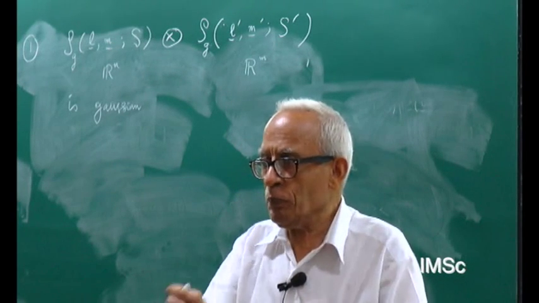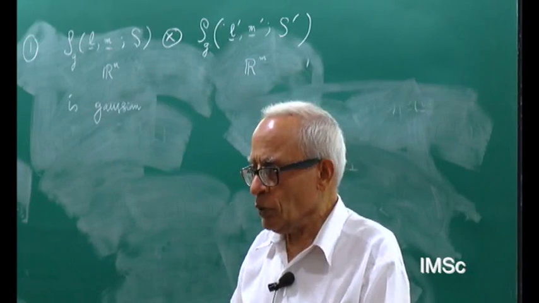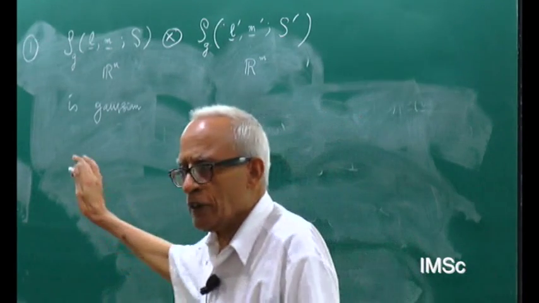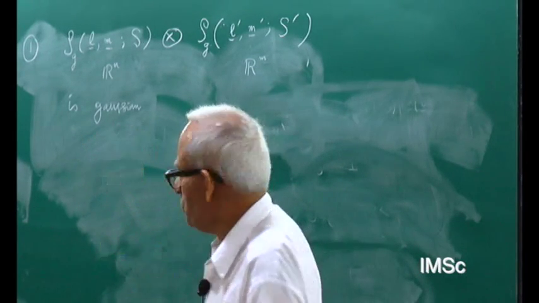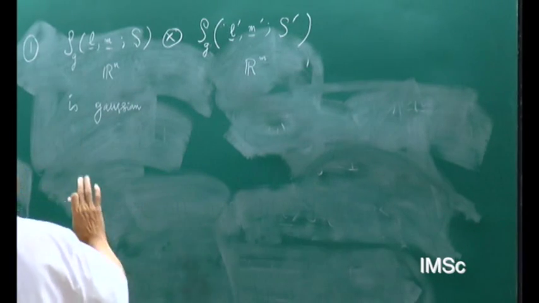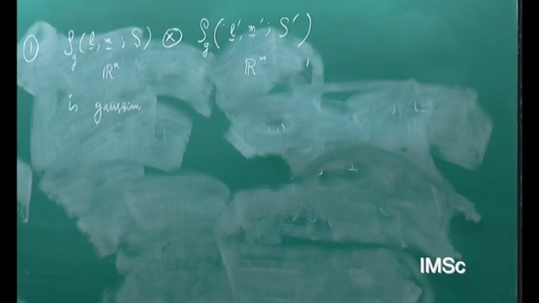If you write P, P', Q, Q', you have to rearrange to interpret S direct sum S'. So that you have to remember. That is the first corollary of this formula for a Gaussian state.